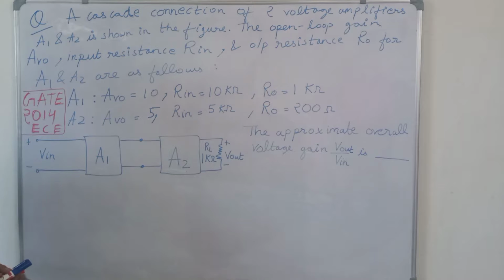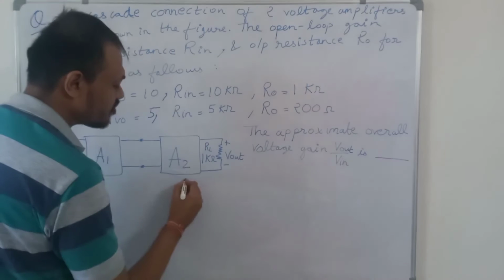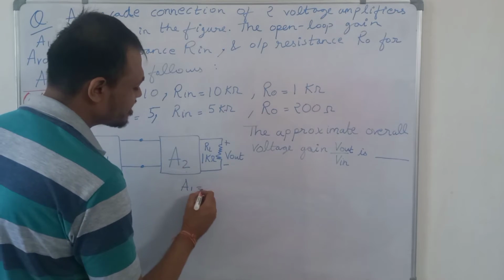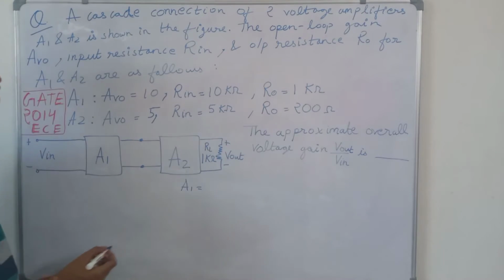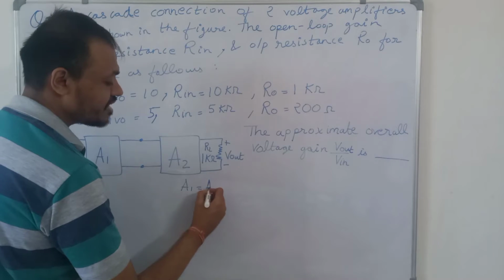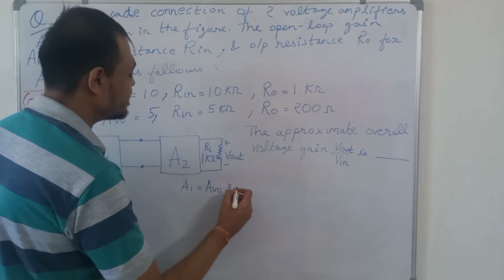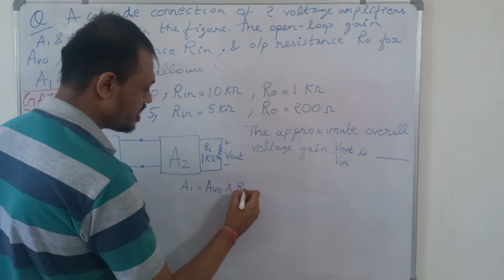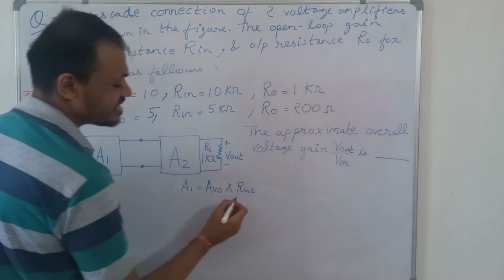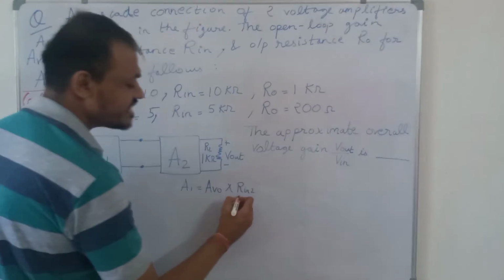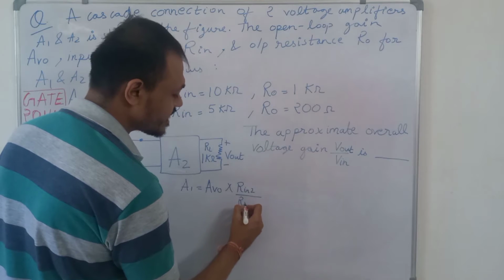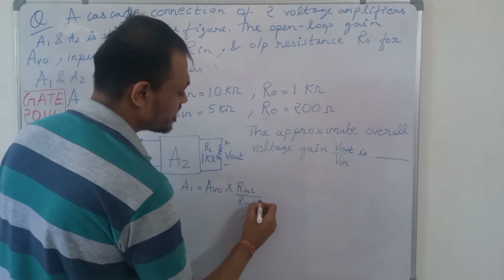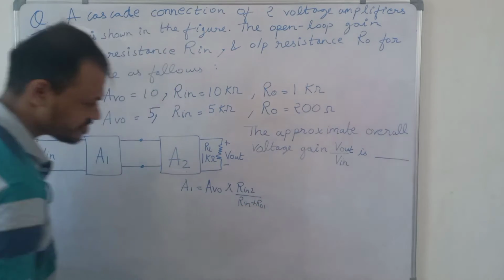So for the overall voltage gain, we have to find the individual stage voltage gain and then we can multiply them. So for the first stage, A1 will be equal to, we can simply apply the voltage divider rule. So AV naught 1 into R in of the second stage upon input resistance of the second stage plus output resistance of the first stage.